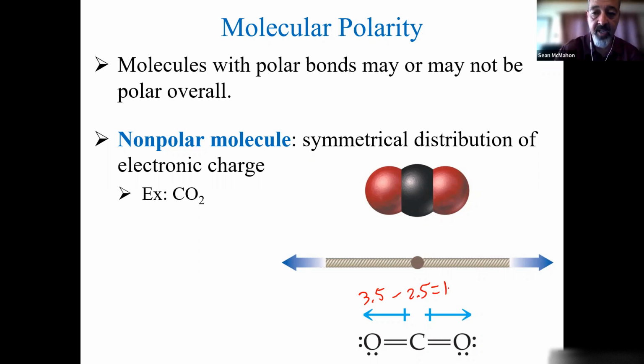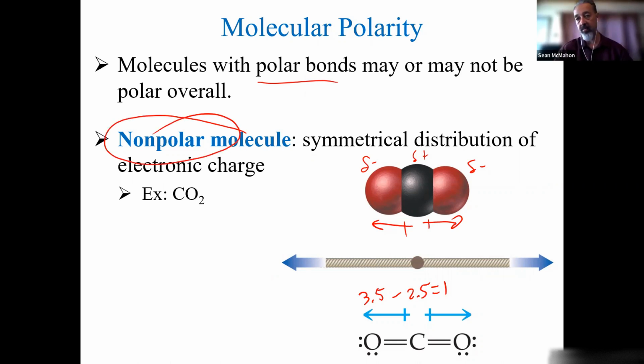So there is a partial negative here, partial negative, partial positive, but the dipoles are equal in magnitude, but opposite in direction. What do I mean? The molecule's symmetrical. There's only 2 things attached to carbon. They're both the same atom. So it has symmetry. So even though the bonds are polar, the molecule is nonpolar because it has symmetry.